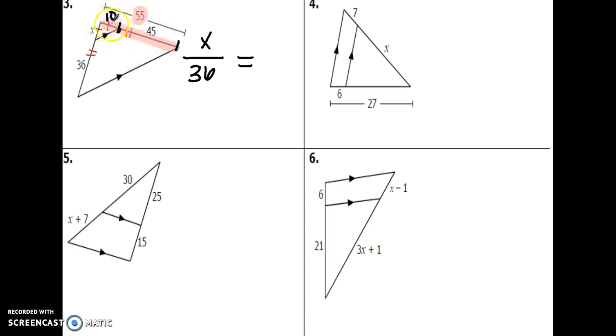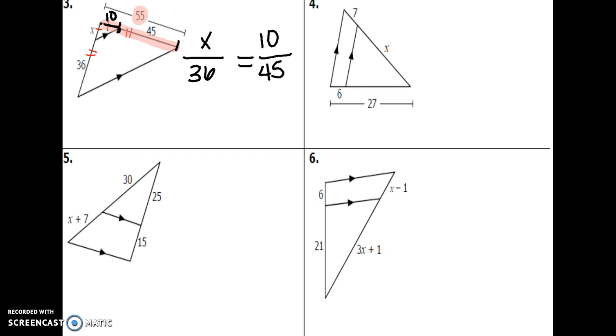So that is how we get this smaller length right there. So I'm going to go 10 over 45. All right, here, let's take a second and solve for that, as well as starting on number 4 and click back when we have our answer.